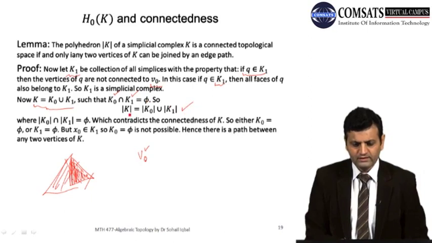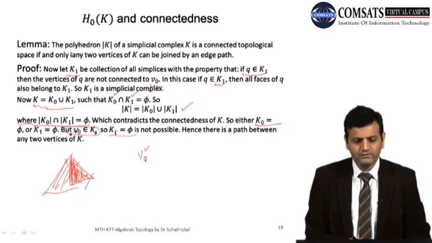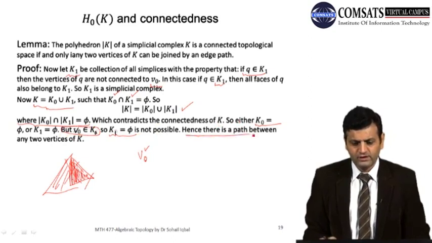Also the underlying space of K is equal to the underlying space of K0 union the underlying space of K1, where the intersection is equal to phi, which contradicts the connectedness of K. So either K0 is empty, or K1 is empty. But V0 belongs to K0, so K0 cannot be empty, and one of them has to be empty, so K1 must be empty. So we have a path between any two vertices of K.